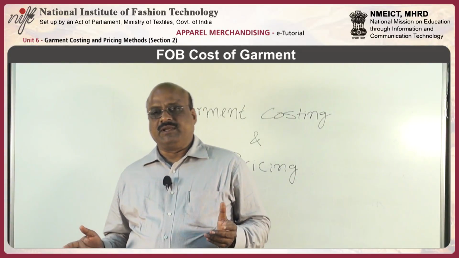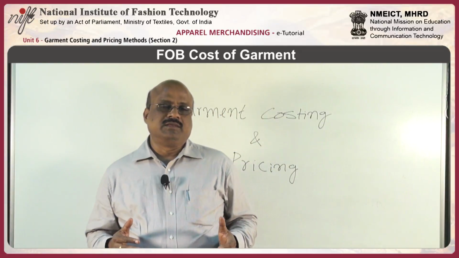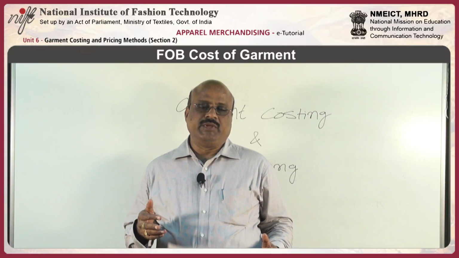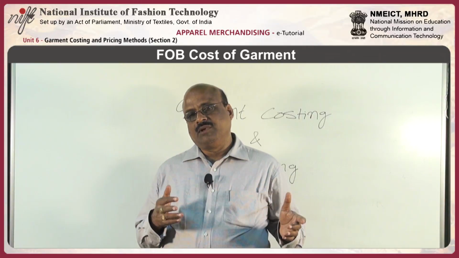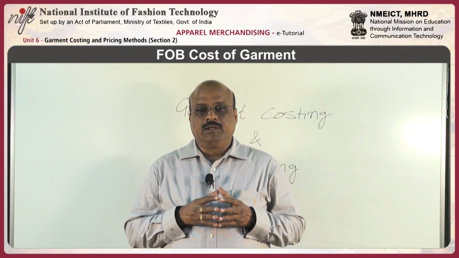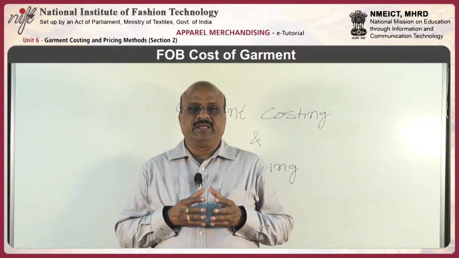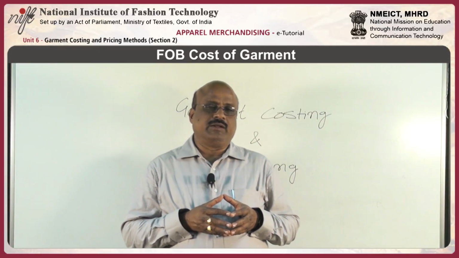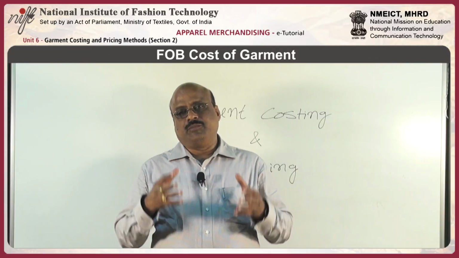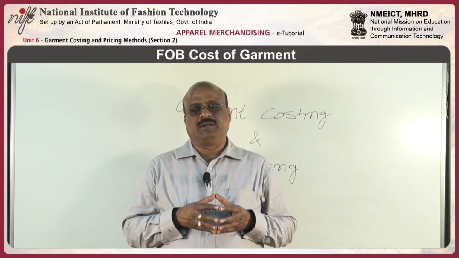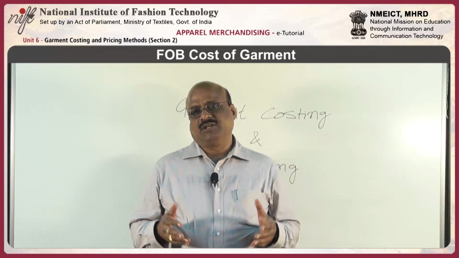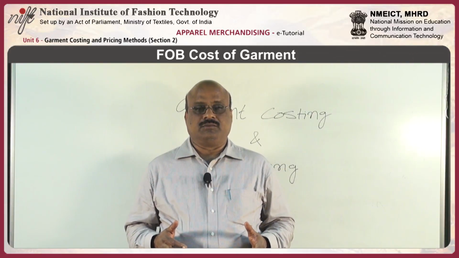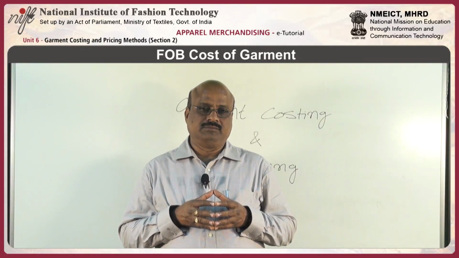So he or she plays the double role of being a supplier and being a buyer. The production merchandiser must take care of both the roles when it comes to cost as well. That makes it all the more important that the merchandiser knows the costing process very well. He should be a great expert in costing.